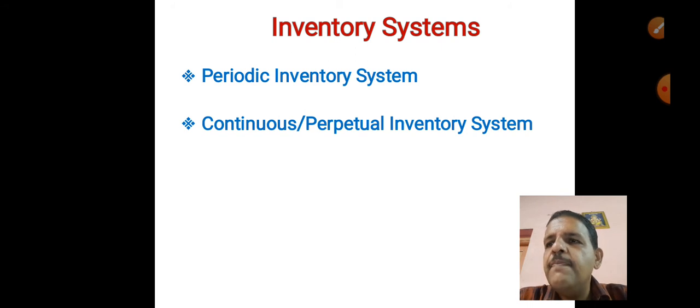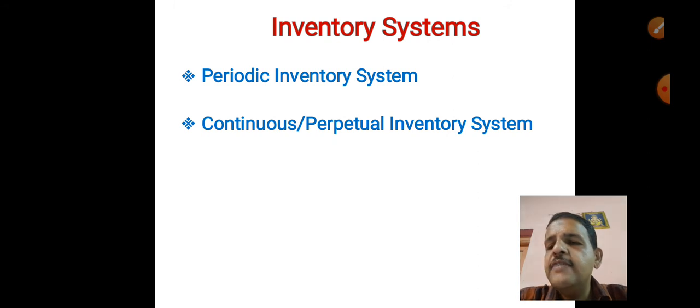It is a method of recording store balance after every receipt and issue to facilitate regular checking of stock and keeping balance. So when physical stock taking is done at the end of a particular period or financial year, it is periodic. When after receipt or issue of each unit stock taking or physical checking is carried out, it is called the continuous or perpetual inventory system.